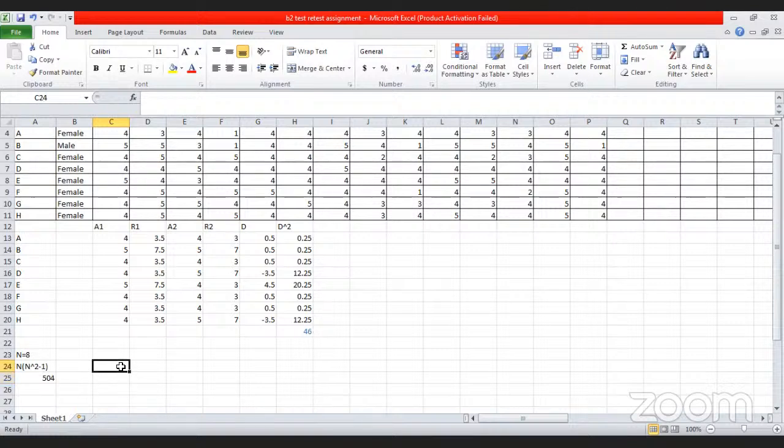So 1 minus 6 into summation d square, that is 46, divided by 504.